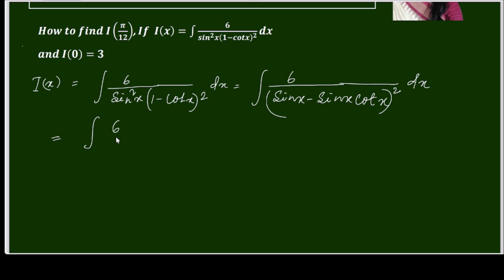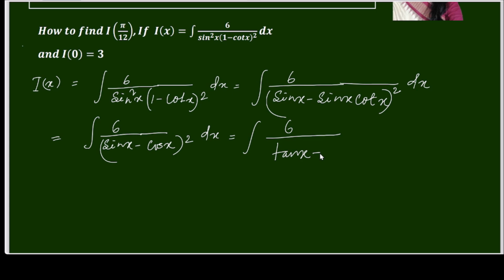This equals 6 over (sine x minus sine x into cot x), where sine x into cot x equals cos x, so (sine x minus cos x) whole square dx. Or further changing into tan function, I can write this as tan x divided by cos x minus 1, whole square into 1 by cos square x.